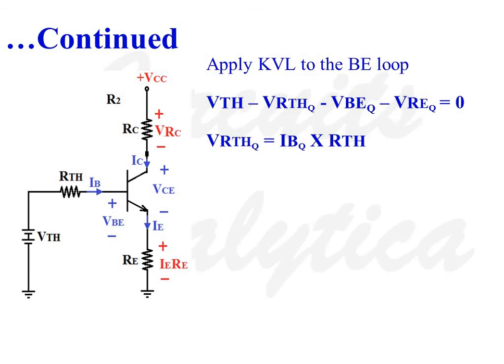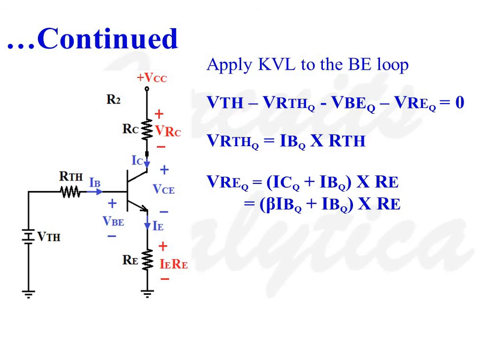We can write VRTHQ is equal to IBQ into RTH. VREQ is equal to ICQ plus IBQ, into RE. We know that ICQ is equal to beta times IBQ. Therefore, VREQ is equal to 1 plus beta, into IBQ into RE.